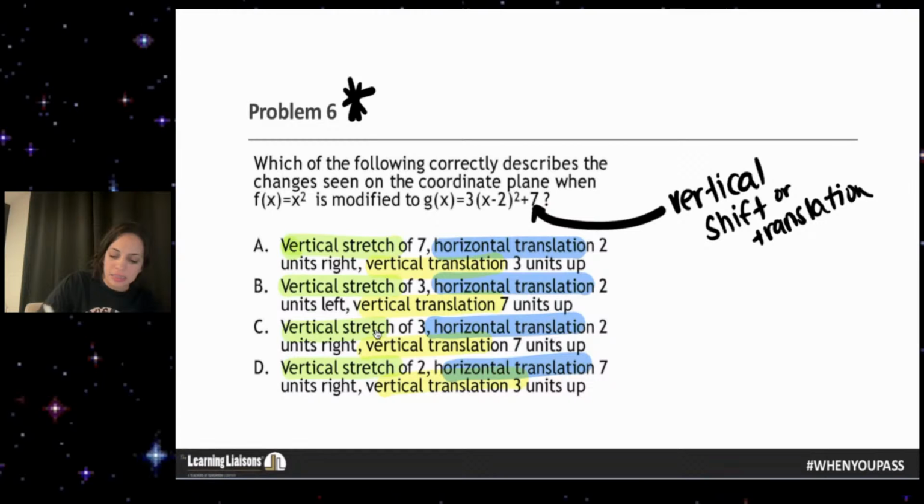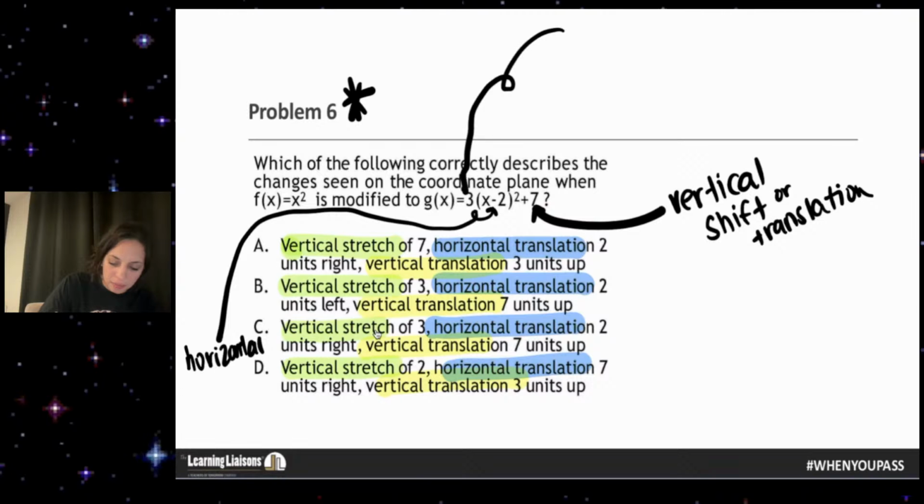Anything on the inside is going to be horizontal. And anything being multiplied is going to be a stretch or a shrink.